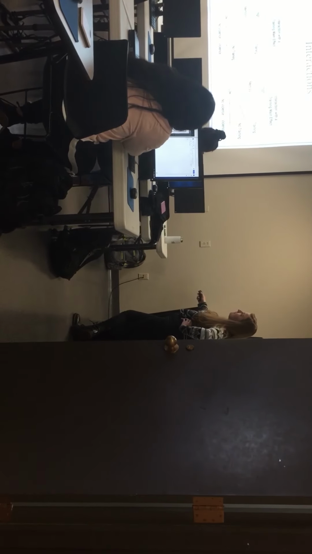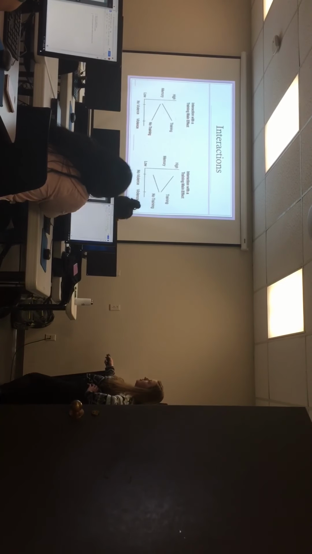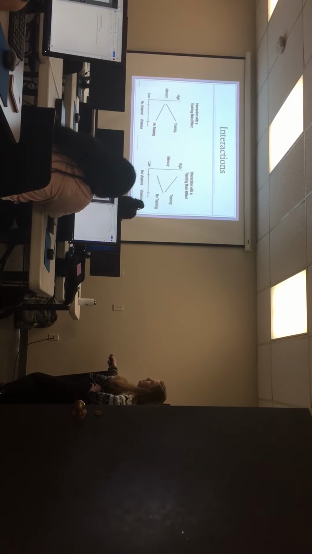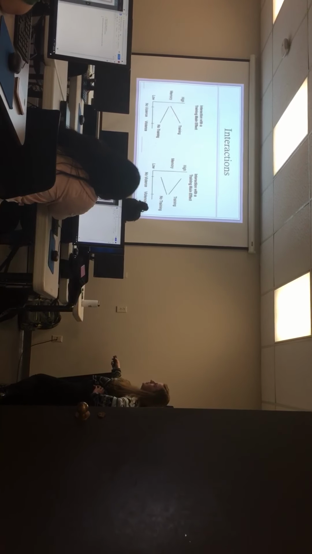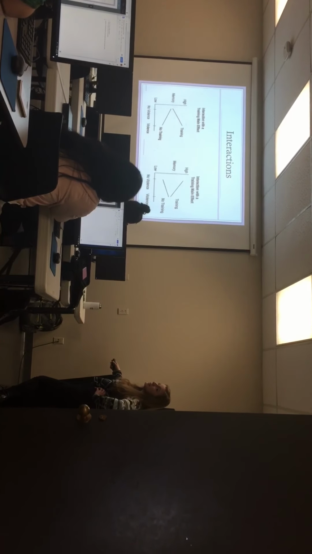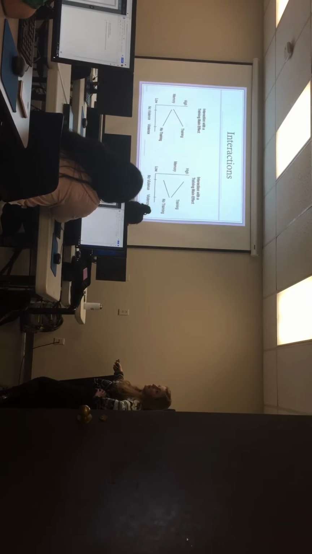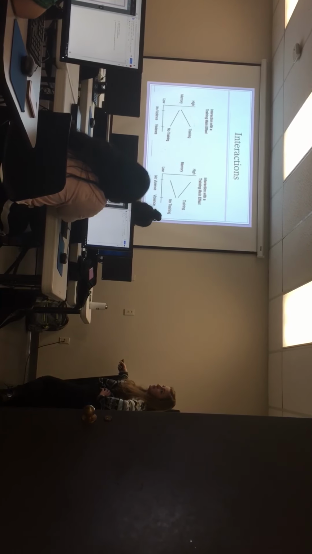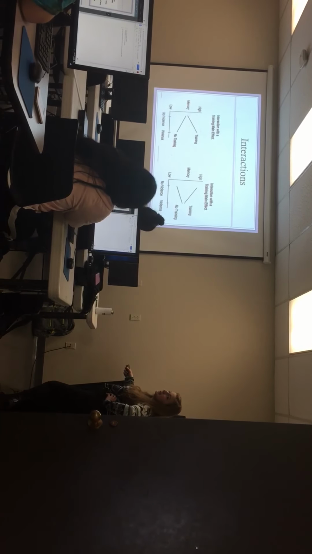But you can see that with the training and with not any training, there is a very big difference in how the slope changes. So there's an interaction between those two variables. Does that make sense?